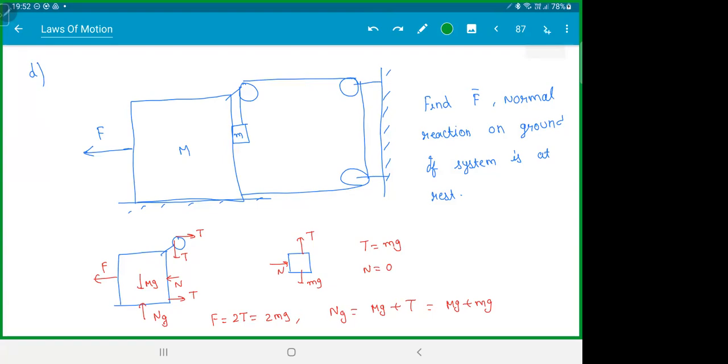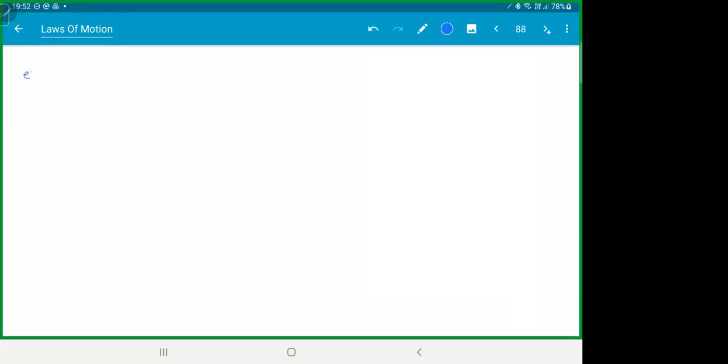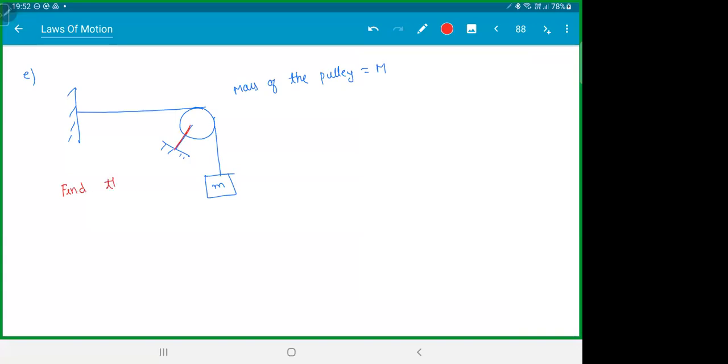Last one for the day. Mass of the pulley is M. This is the rod. Find the force acting on the rod supporting the pulley.